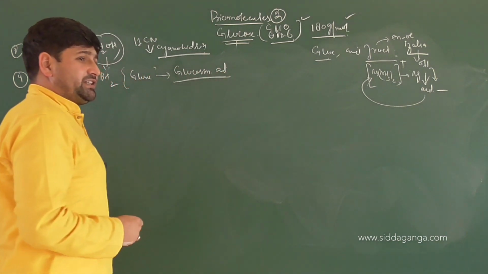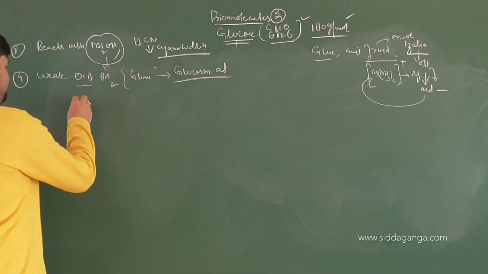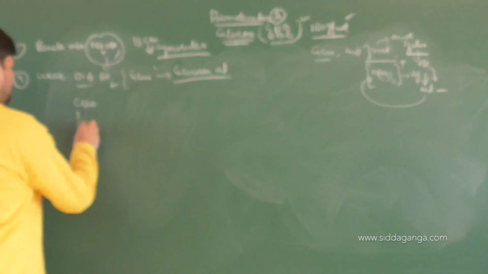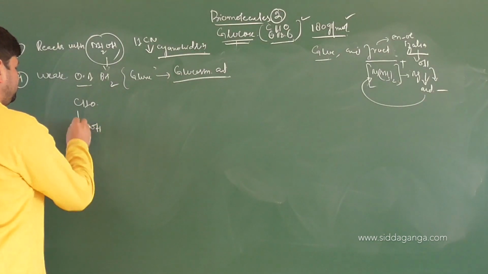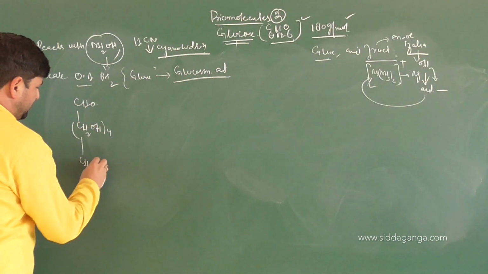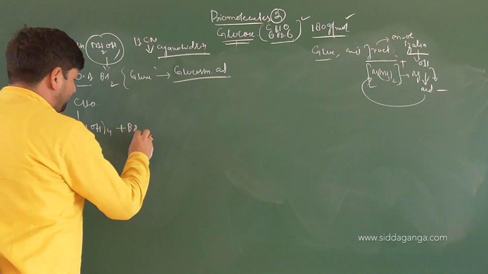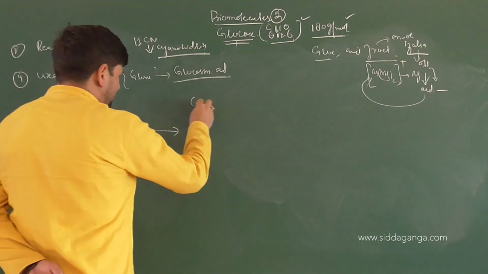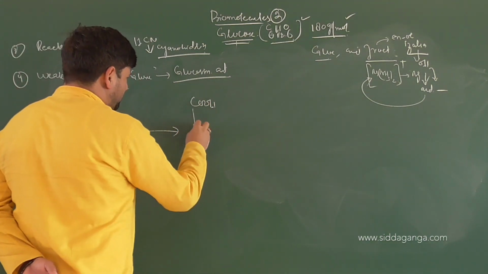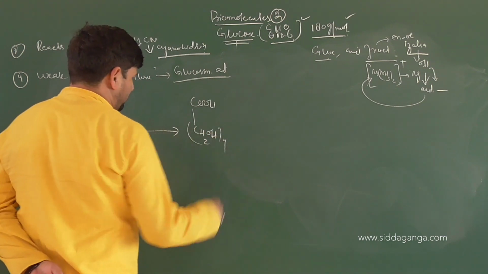And what is gluconic acid? It's a simple carboxylic acid derivative. What exactly will be the structure? It will be CHO, CHOH 4 times, 4 plus 1, 5, CH2OH, that makes it 6. You treat this with bromine water, you will find out it will convert to the carboxylic derivative, COOH, CHOH 4 times.